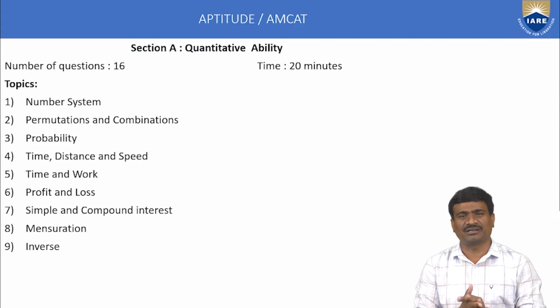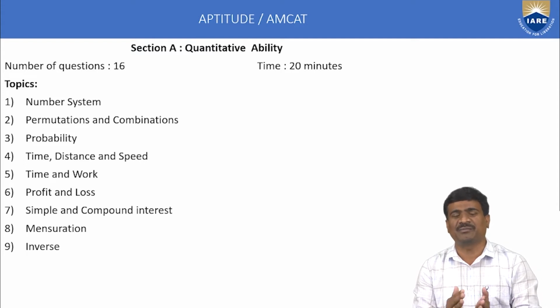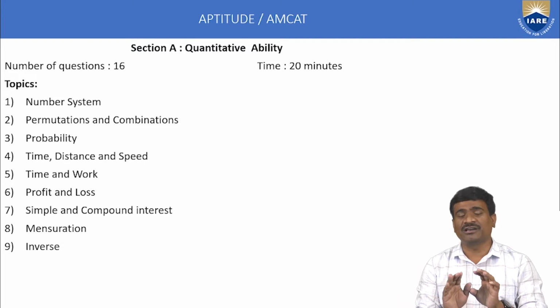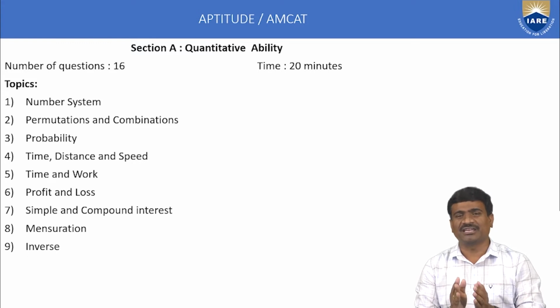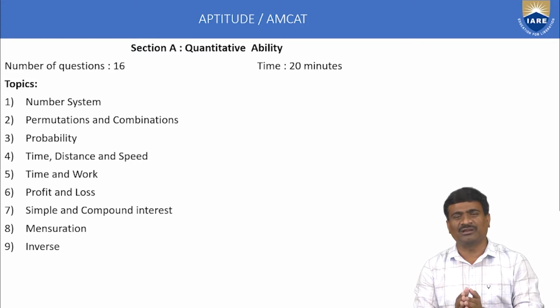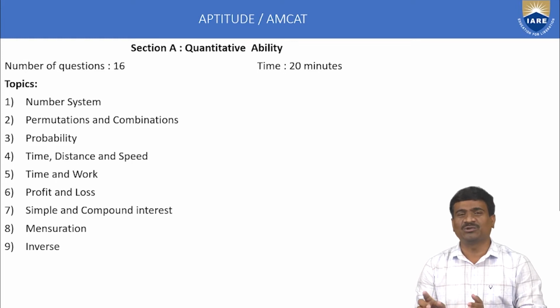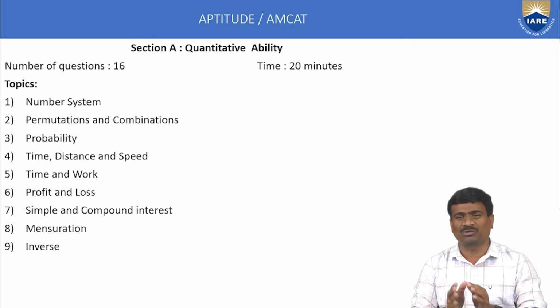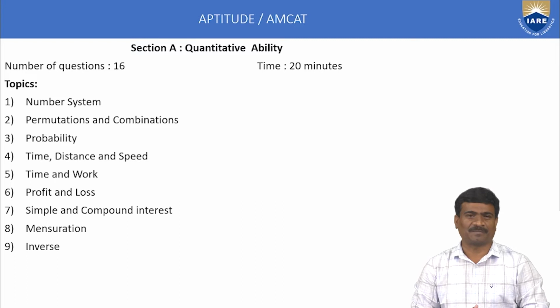Suppose A works 10 days and B works 20 days. Calculate A plus B, A minus B, and so on. Second method, chain rule method, that property is important, that is M1 D1 T1 by W1 is equal to M2 D2 T2 by W2. That relation only is important to AMCAT.